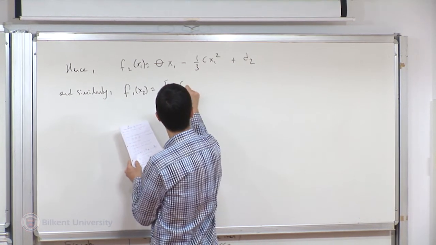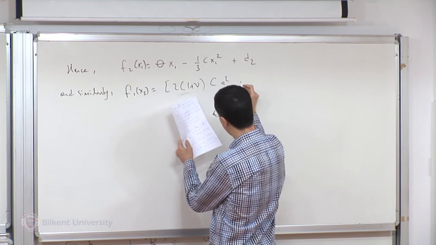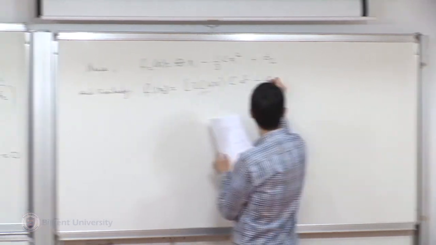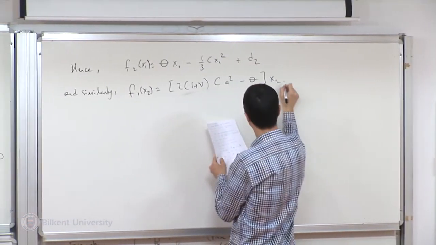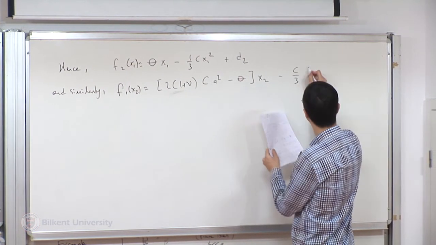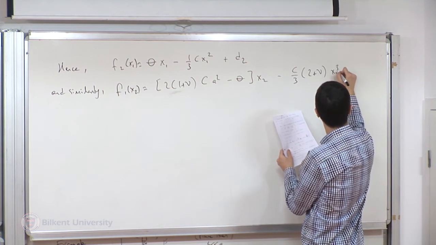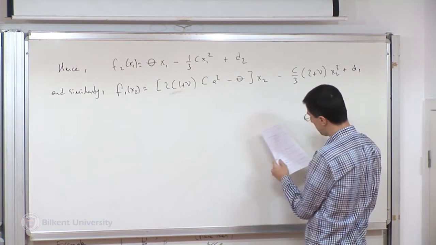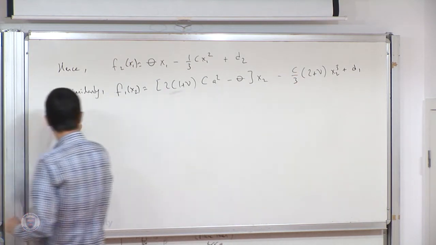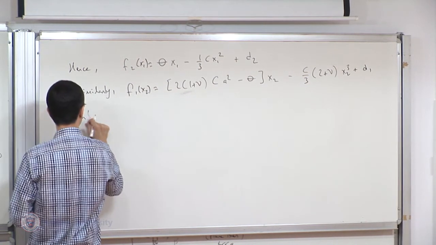It's going to be equal to 2(1 + nu) c a squared minus theta x2 minus c over 3, (2 + nu) x2 cubed plus d1. So now I know what F1 and F2 are.